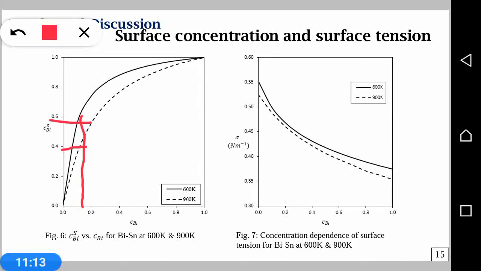This can be implied by the graph for 600 Kelvin, the solid line, which shows greater surface concentration values for bismuth in the entire composition range. Since the surface concentration of bismuth and tin add up to 1, it can be deduced that the surface concentration of tin increases as temperature of bismuth tin rises.